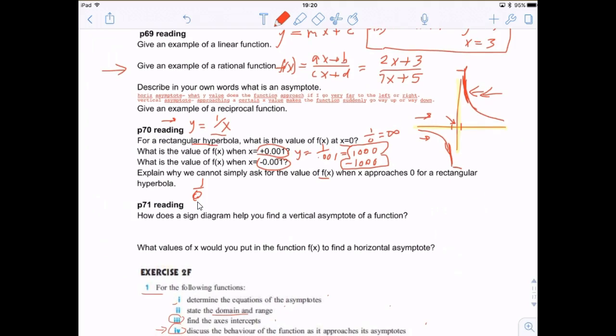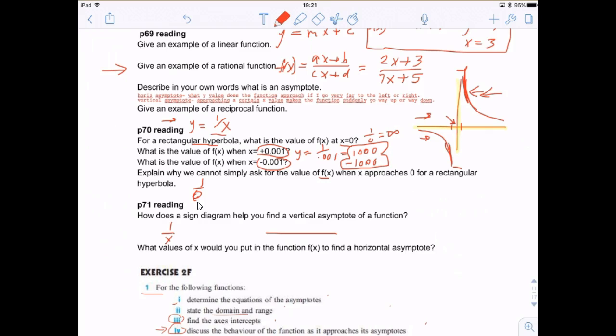So moving down, how does a sign diagram help you find the vertical asymptote of a function? Okay, if you make a sign diagram for the function 1 over x, for example, you are going to find out that there are no zeros, but there is a value which makes the thing turn into an asymptote, which is x equals 0.